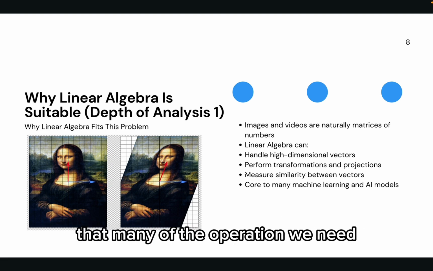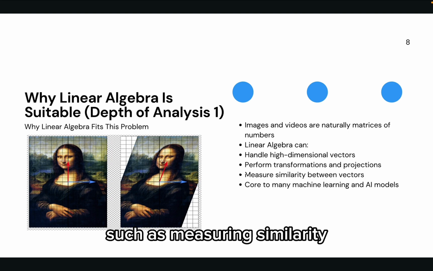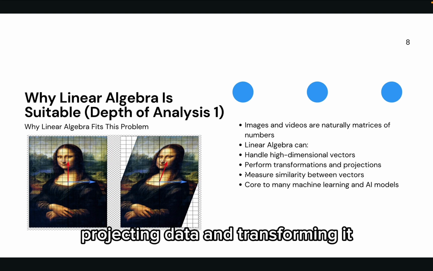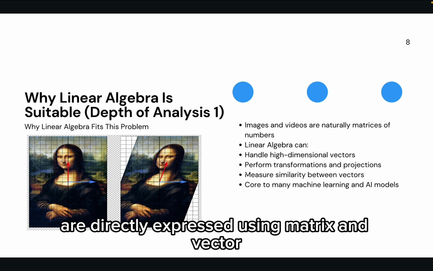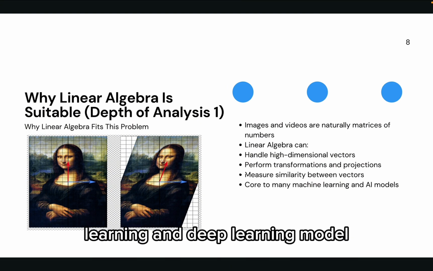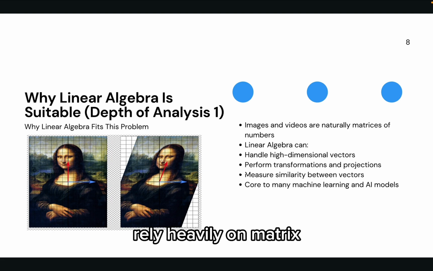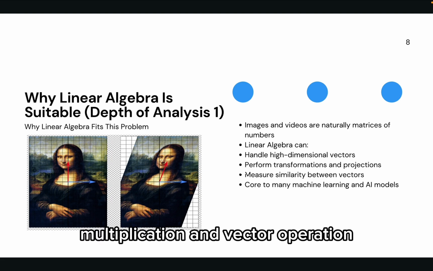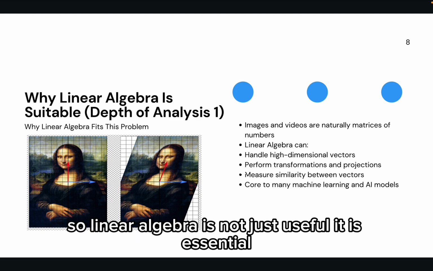Third, many of the operations we need, such as measuring similarity, projecting data, and transforming it, are directly expressed using matrices and vectors. Finally, almost all modern machine learning and deep learning models rely heavily on matrix multiplication and vector operations. So linear algebra is not just useful, it is essential.